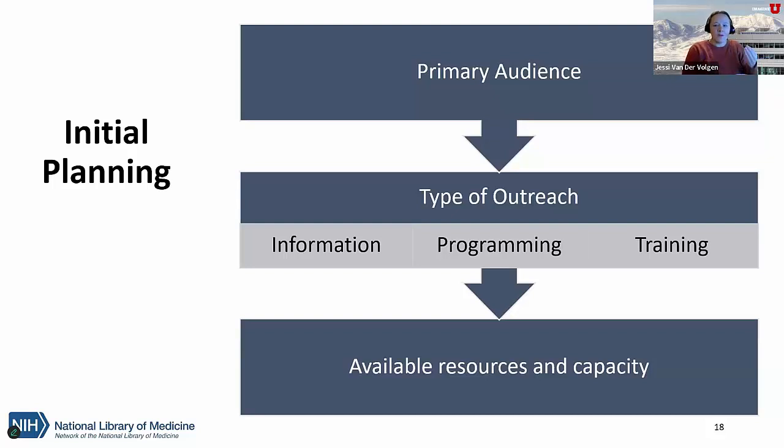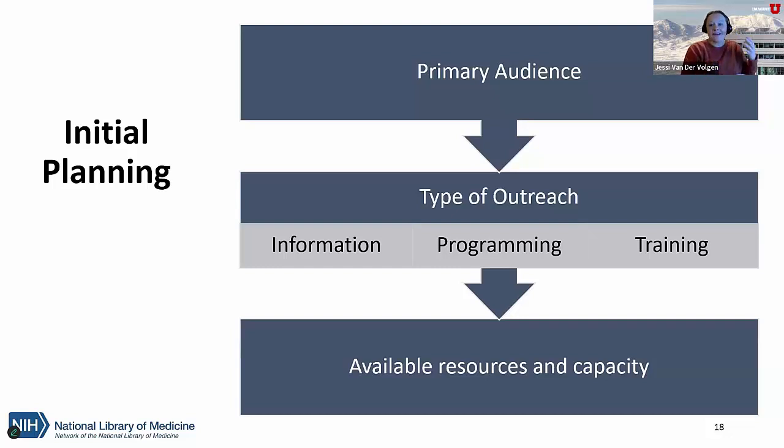Keep in mind that health outreach doesn't mean that you have to provide a 1-hour program with a speaker and activities, right? We're thinking about the spectrum of engagement, what's manageable and meaningful for your primary audience's needs. It might be highlighting particular information resources. It might be offering some training or some ongoing programming.